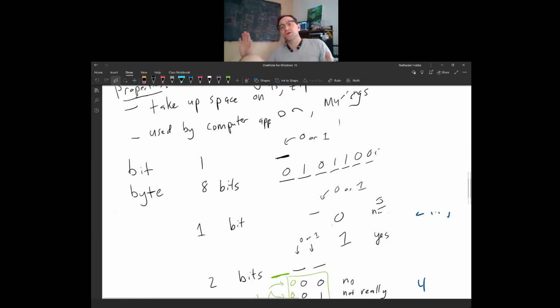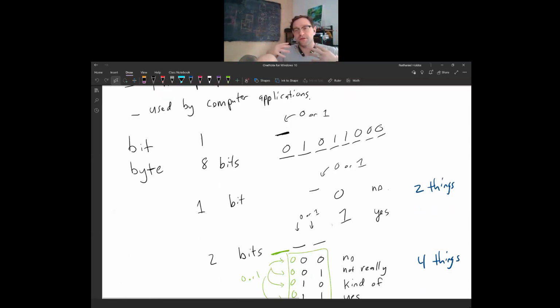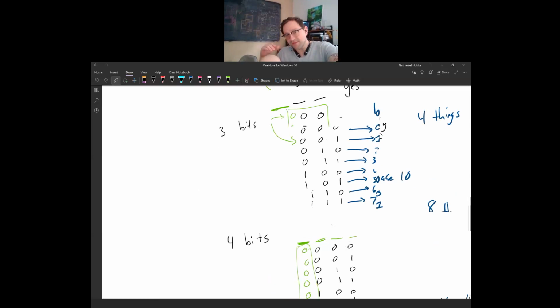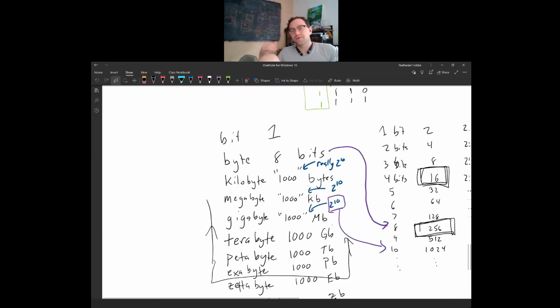So we were also talking about this jargon. A bit, a byte, and then as we go up, kilobytes, megabytes, gigabytes, terabytes, petabytes, exabytes, zettabytes. It's just jargon, a word you can use to talk about how many bits, how many ones and zeros, you're dealing with.